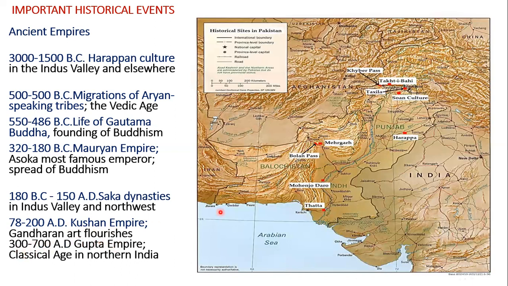Clear? And this is called the classic age in northern India, the Gupta Empire, and these empires flourished. Remember, dear students, not just here in Taxila and Harappa and others, there were other empires that also flourished in other portions of the subcontinent.